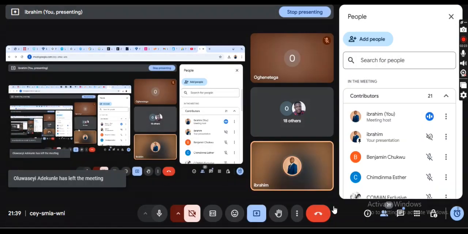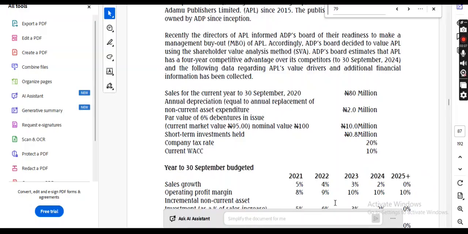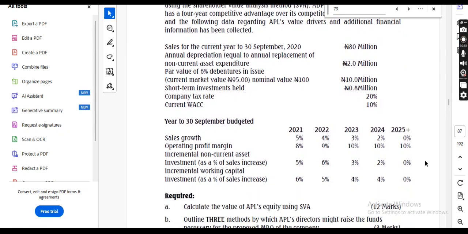Now we move again. The year to 30th September budgeted. Don't forget, the competitive advantage is for 4 years, which is to 30th September 2024. Then the sales growth for 2021, 2022, 2023, 2024.